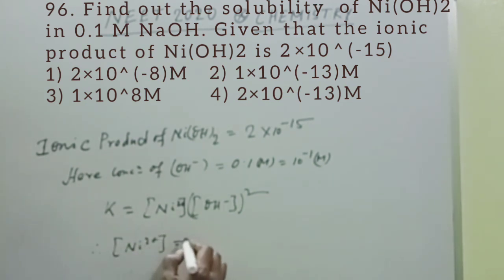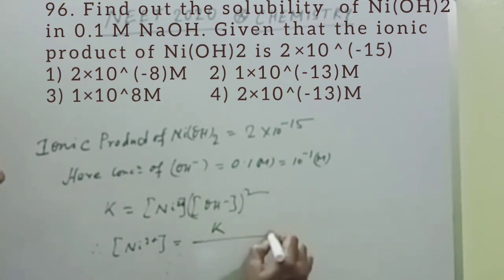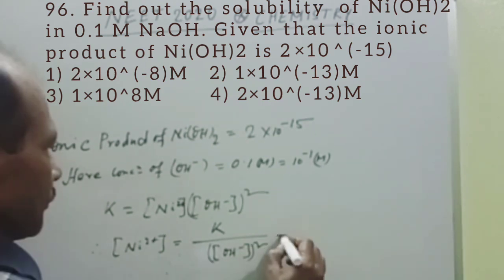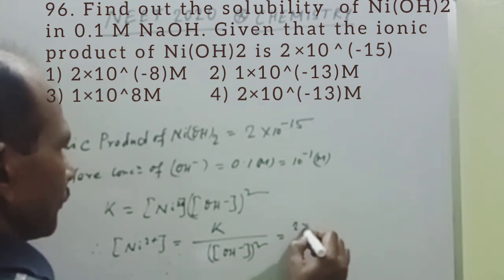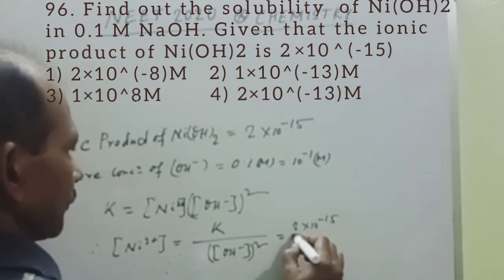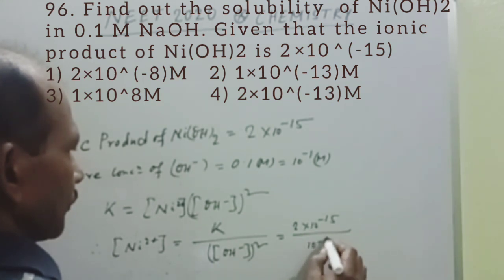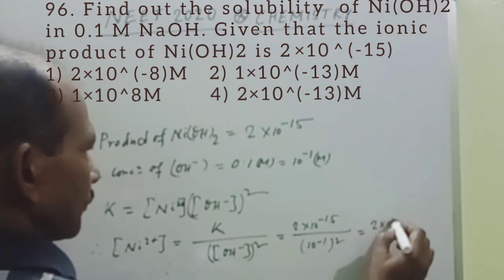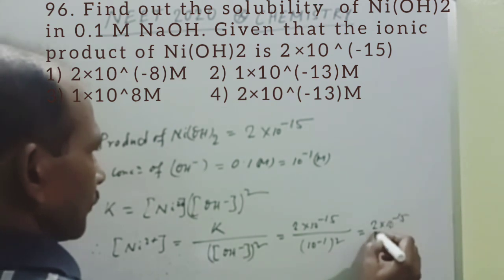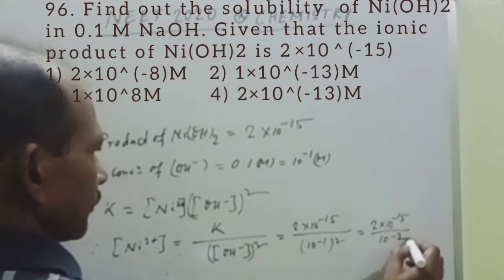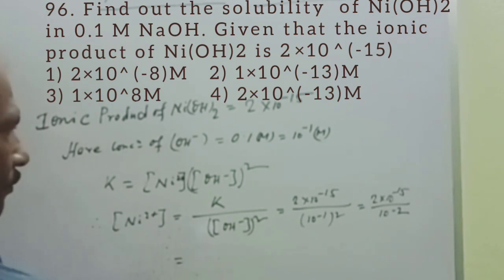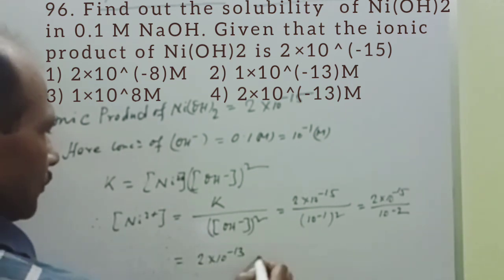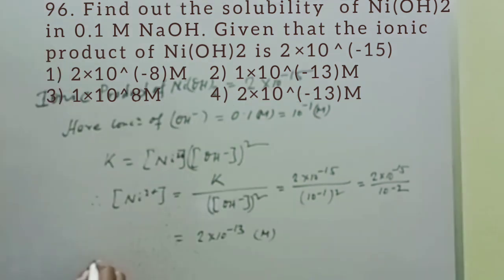Therefore the concentration of Ni2 plus ion equals K divided by concentration of OH minus ion square, equals 2 into 10 to the minus 15 divided by 10 to the minus 1 whole square, equals 2 into 10 to the minus 15 divided by 10 to the minus 2, that is equal to 2 into 10 to the minus 13 molar.